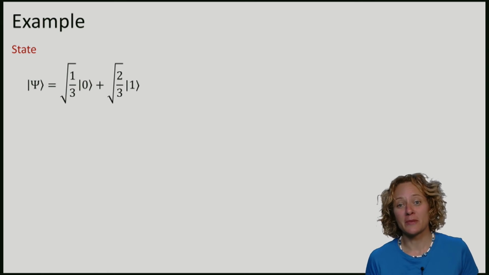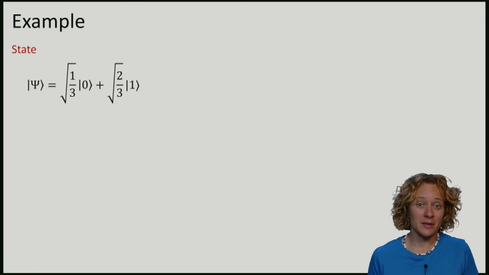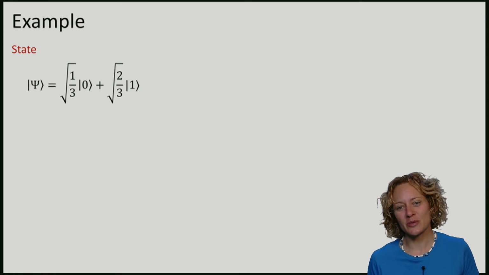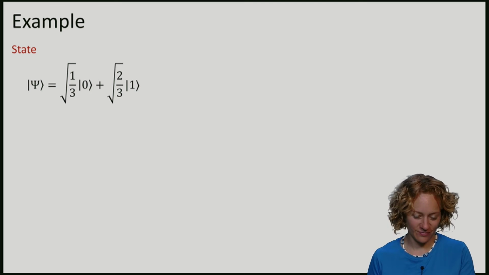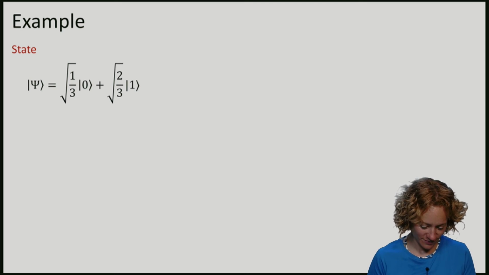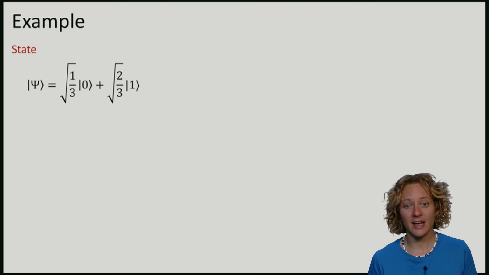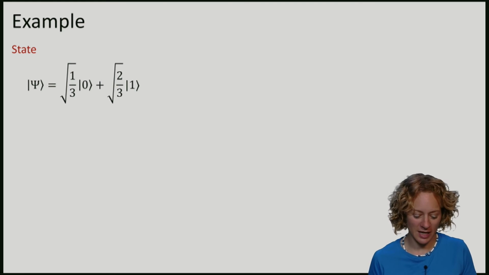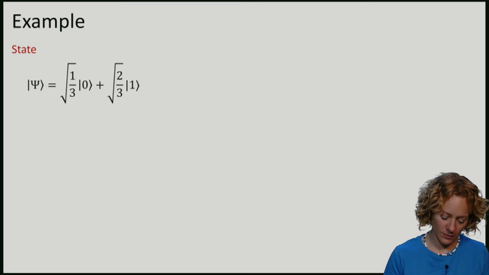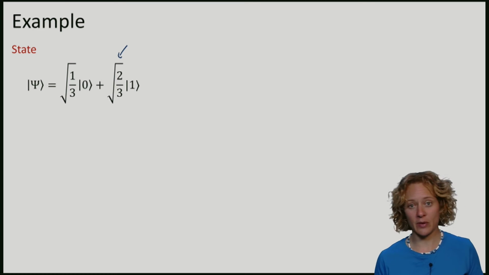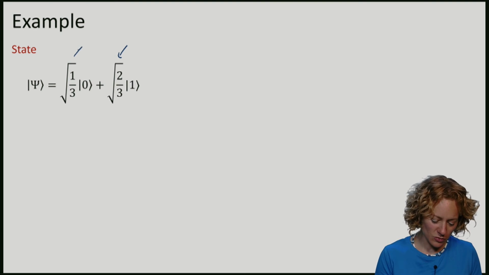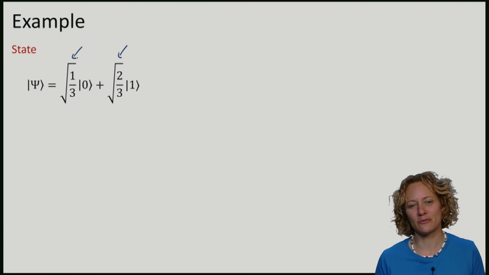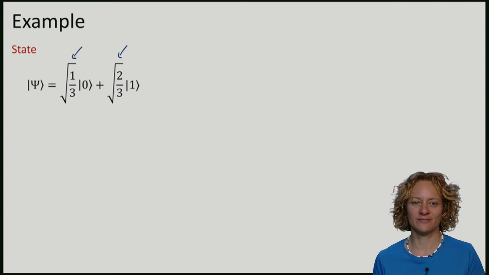Let's consider measuring just a single qubit, psi, which is a superposition between 0 and 1. And in our example, the 1 will have an amplitude of square root 2 over 3, and the 0 will have an amplitude of 1 over square root 3.